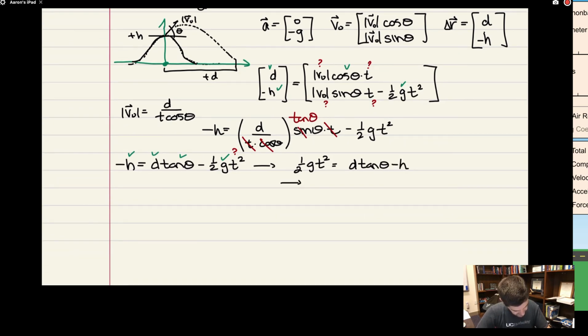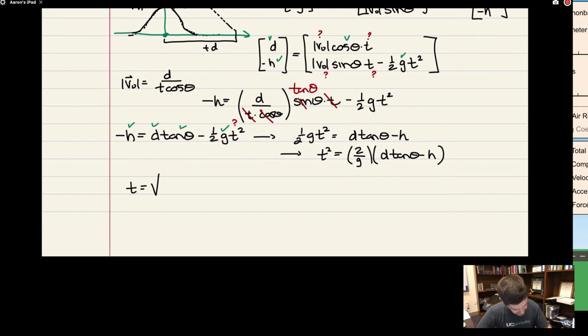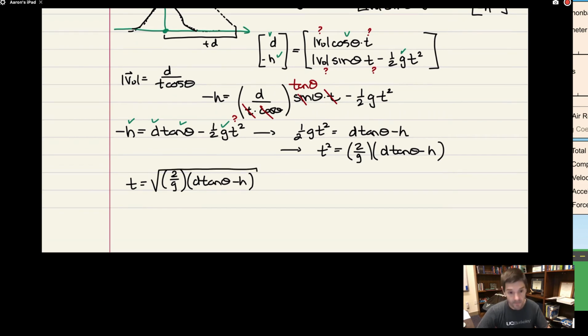That's the same thing as t squared equals 2 over g times d tangent minus h. t therefore is plus or minus, but again the minus will not be the relevant one, the square root of 2 over g times d tangent minus h. All of that, I can plug in some numbers. I get this is 25.88 seconds.